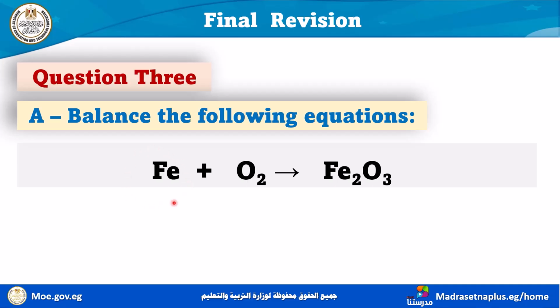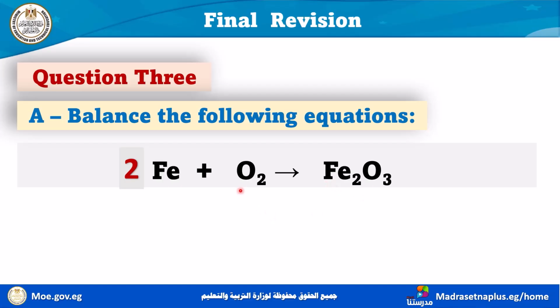So we will start with Fe. Fe in the reactants is only one atom. In the product we have 2 atoms of iron. So we will start balancing the equation by writing 2 before Fe. So we have 2 atoms of iron in the reactants and 2 atoms of iron in the products.